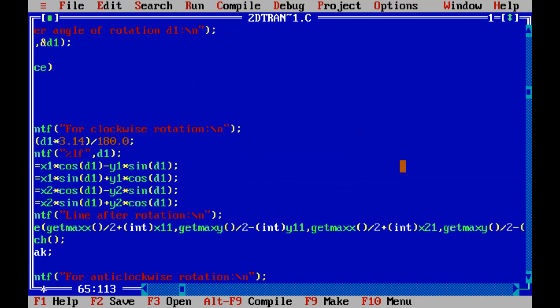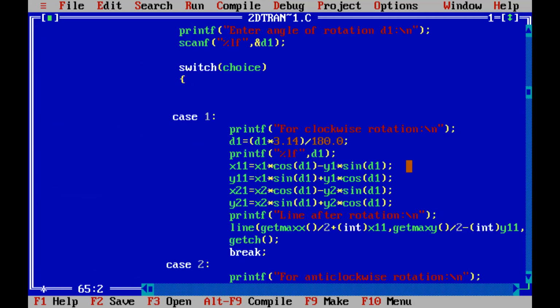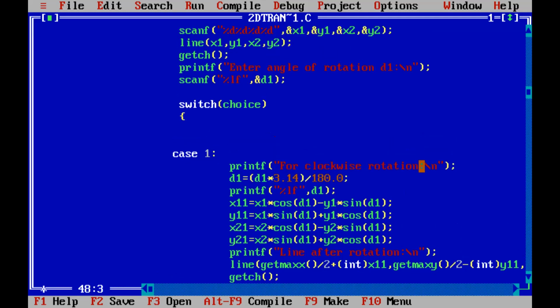Similarly, the line should be handled the same way. When I display the original line, at that time also you have to do these things. Otherwise, your original line will be displayed according to the first quadrant.